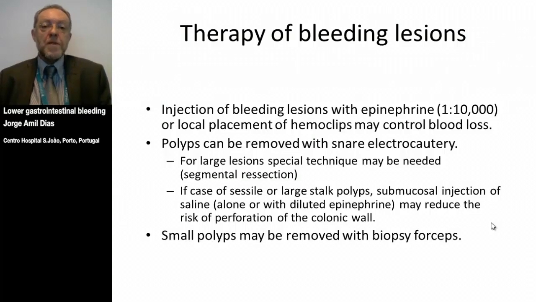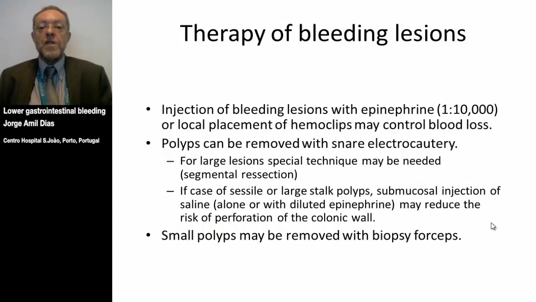If there are polyps, usually they are removed with a snare electrocautery. For larger lesions, however, special technique may be required because some polyps may be quite big, and therefore segmental resection may be recommended and preferable for the safety of the patient. If the polyps have a very large stalk or are sessile, then some care must be taken in order to avoid perforation.